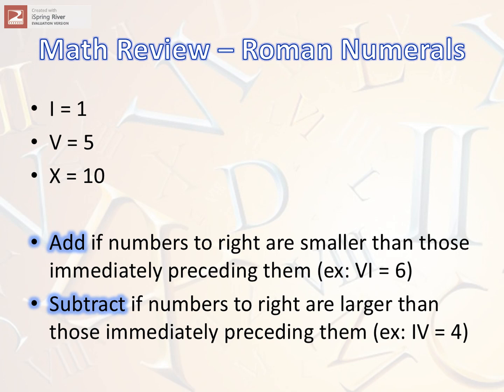And then we're going to subtract if the numbers to the right are larger than those right before them. So IV, the V is bigger than the I, so we're going to subtract. V is 5, I is 1, 5 minus 1 is 4. And that's how we get the other Roman numeral. IV is 4, VI is 6.